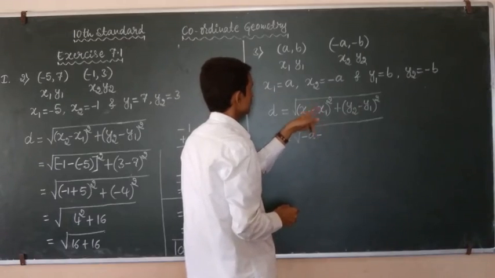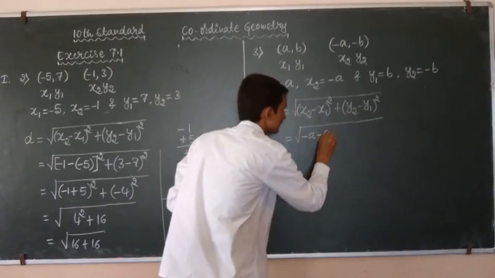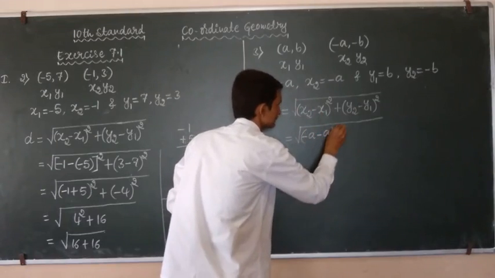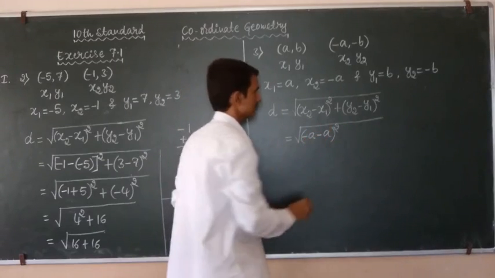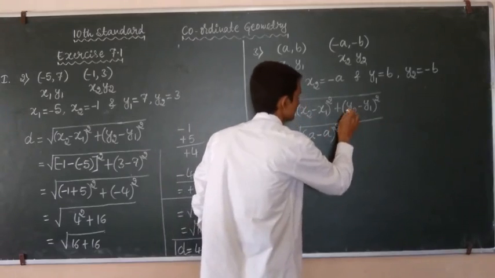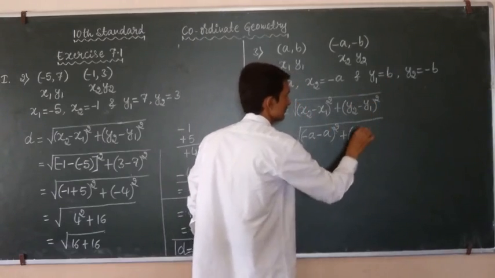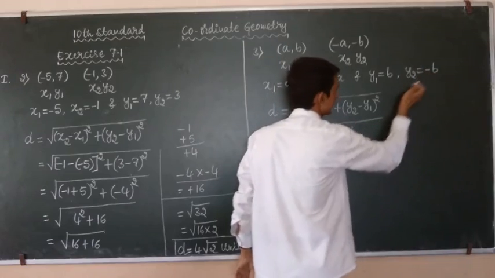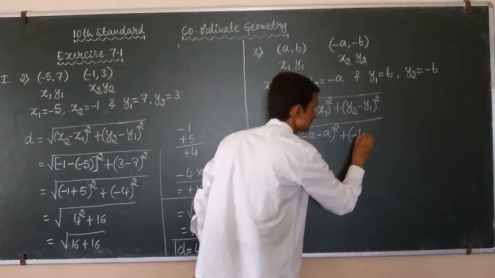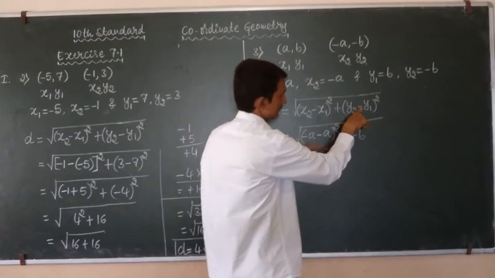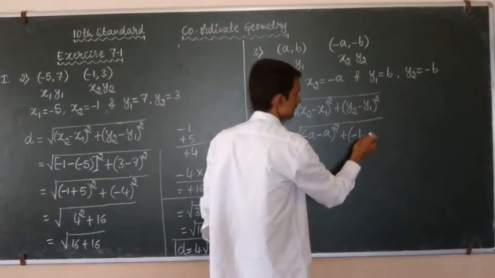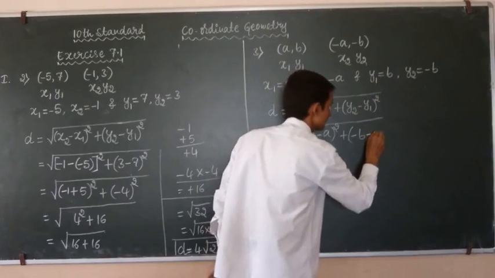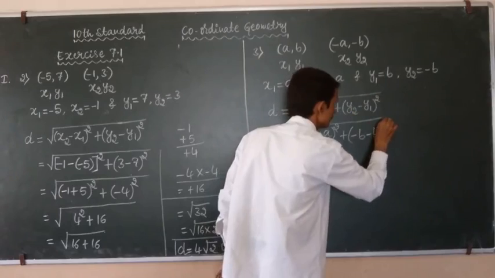The value of x1 a, whole minus a whole square plus value of y2. So the value of y2 is minus b. So in the formula we have minus sign. Minus b minus y1 is again b whole square.